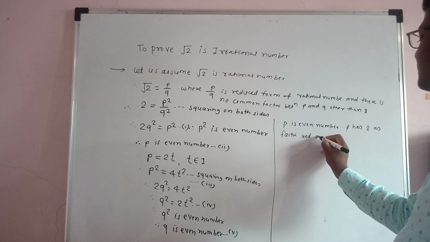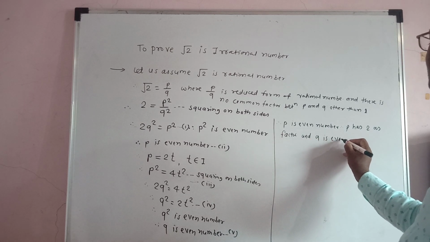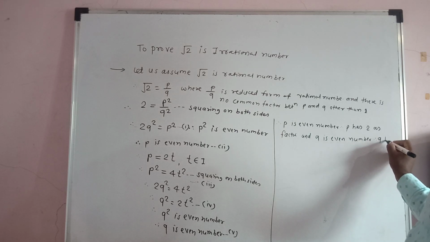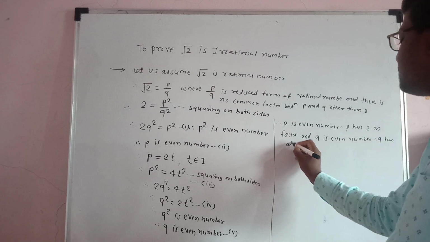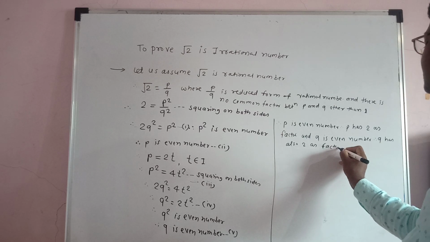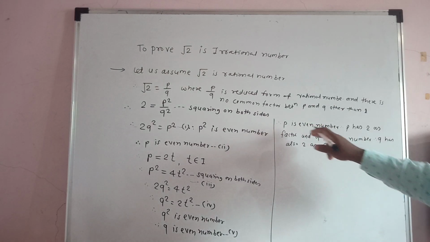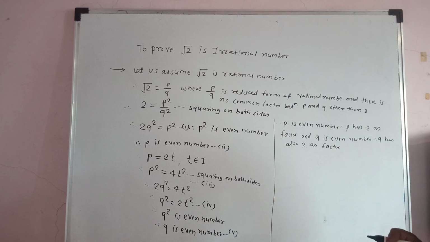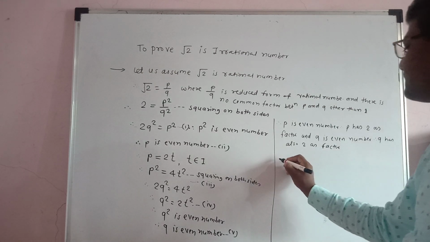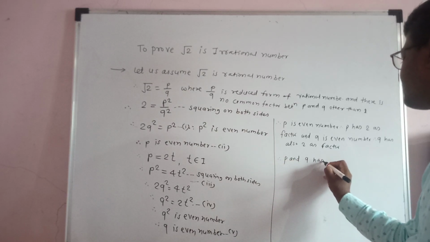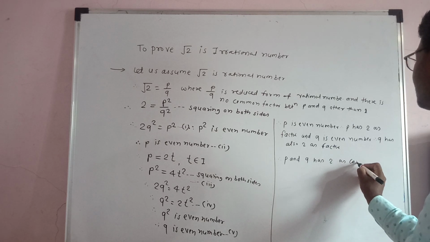P has a factor 2 and q has a factor 2. Therefore, p and q both have 2 as a factor. Therefore, p and q have 2 as a common factor.